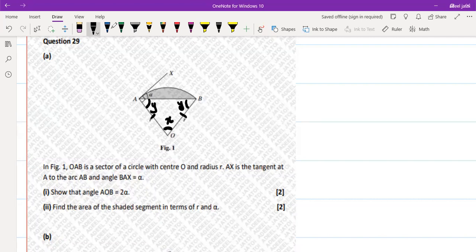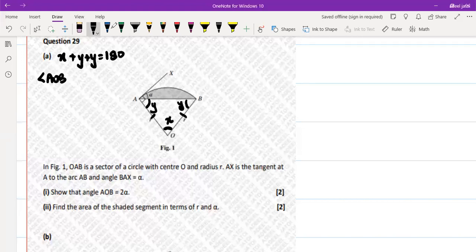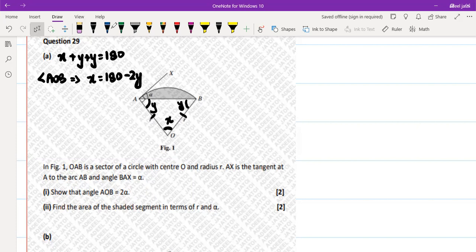So X plus 2Y should be equal to 180. That means angle AOB, which is equal to X, should be equal to 180 minus 2Y. But we need to know the value of Y as well.